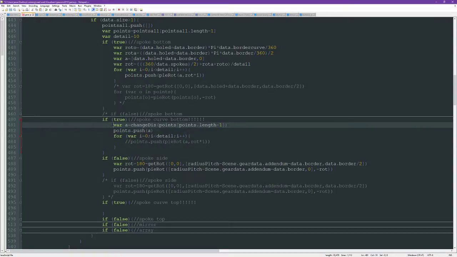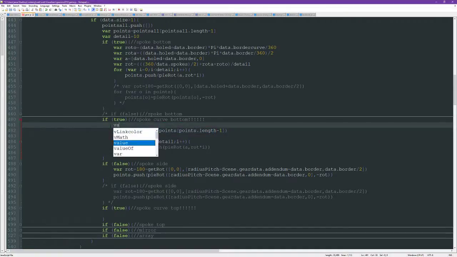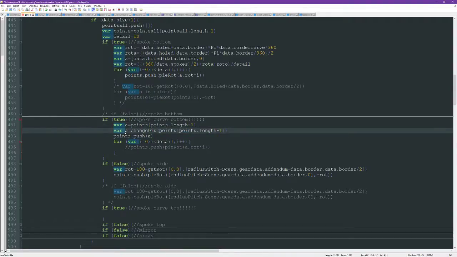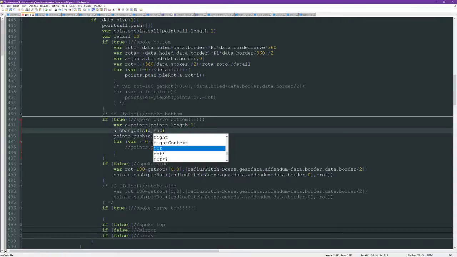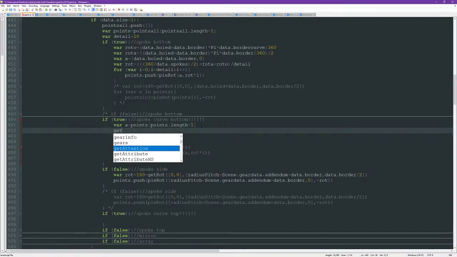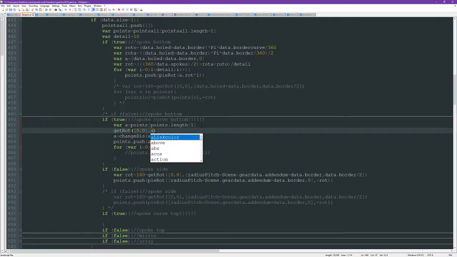Okay. Let's just say A is equal to this. And then we want to change the distance of A by a rope. Get rope from 0, 0 to A.